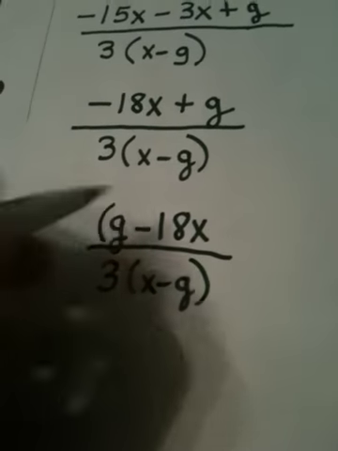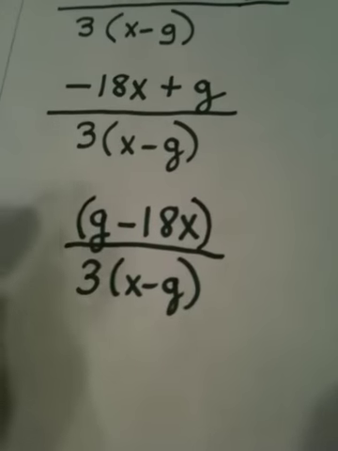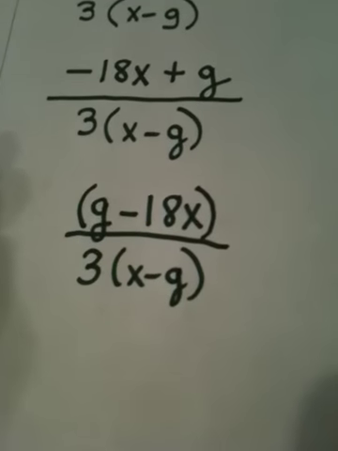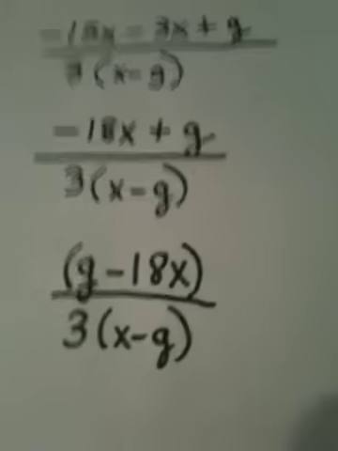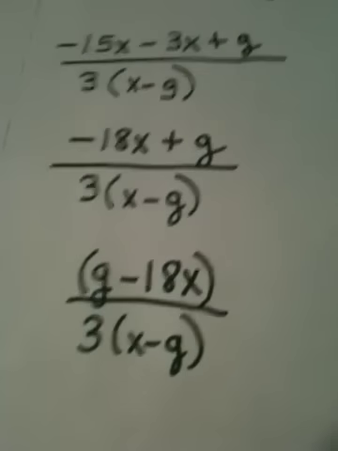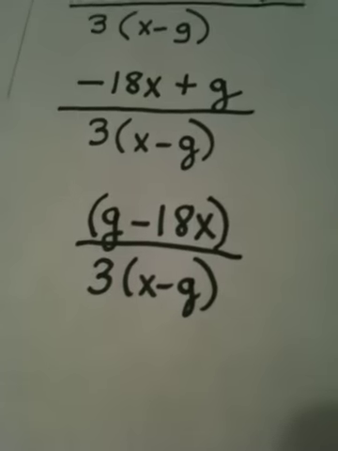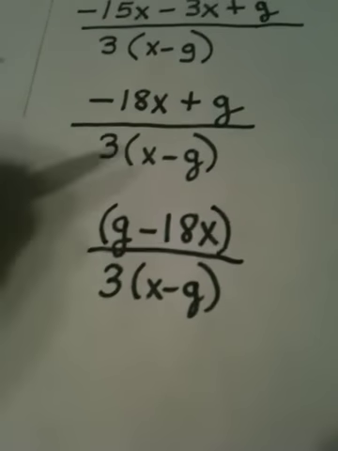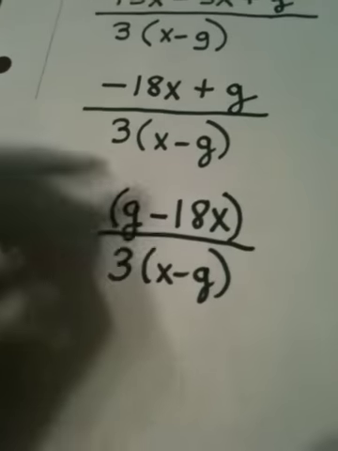So I'm going to put parens around it, which indicate that I attempted to factor it, but the only thing that I was able to factor out was a 1.